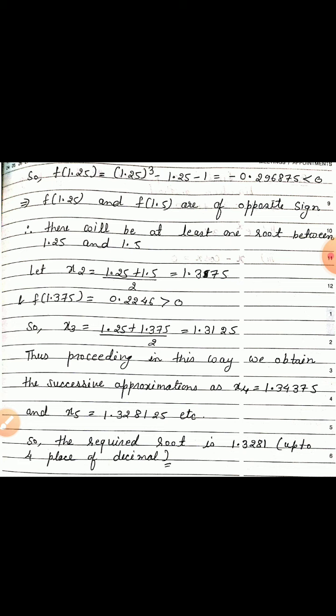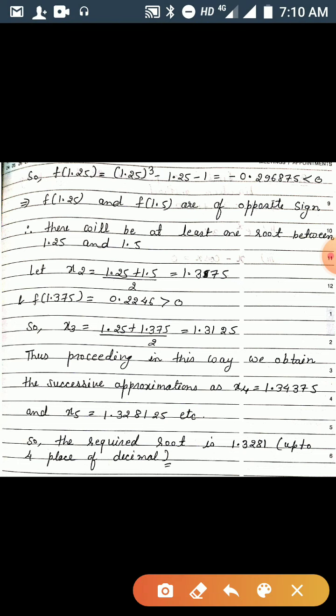So there is a root between 1.25 and 1.375. So let x3 is equal to (1.25 plus 1.375) divided by 2, which is equal to 1.3125.